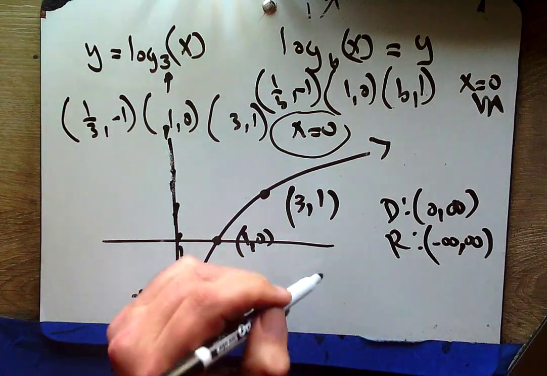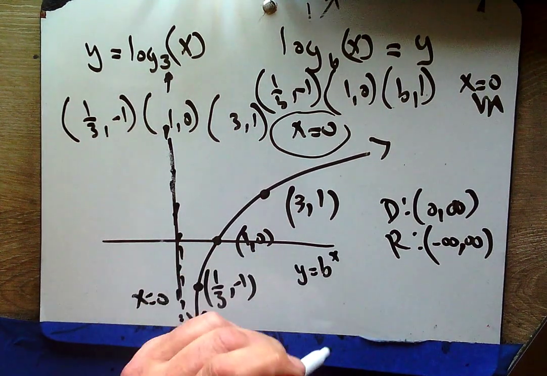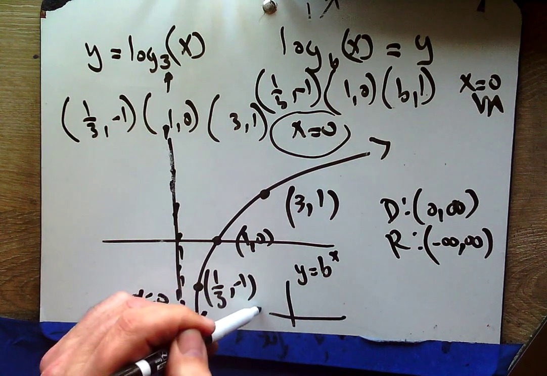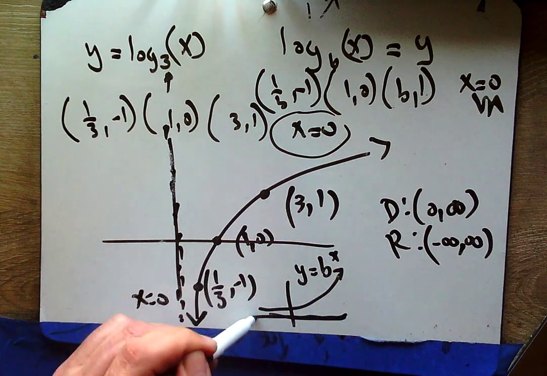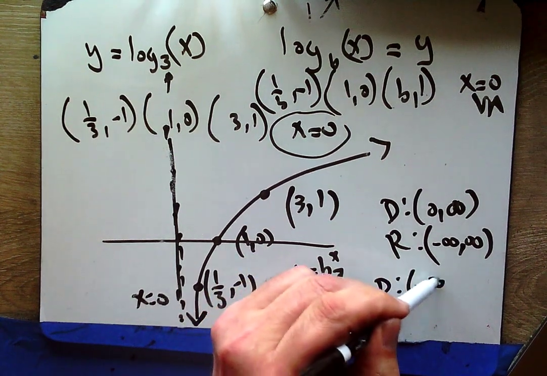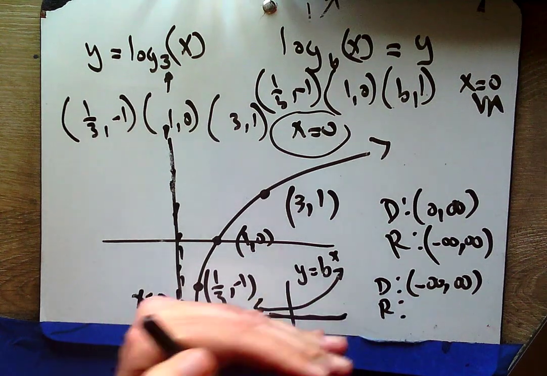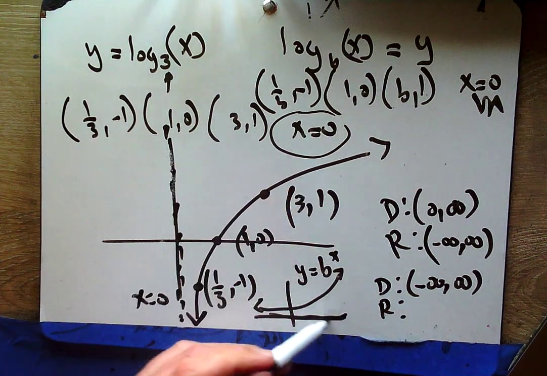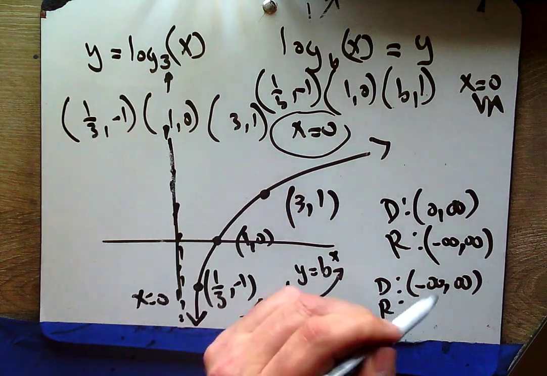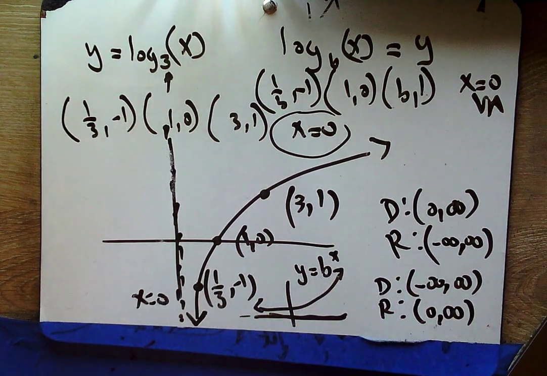Now, if we think back to our exponential, y equals b to the x, and its shape, it had a domain of negative infinity to infinity, and it had a range that went from here up. Didn't include this because this was a horizontal asymptote, so we had 0 to infinity.